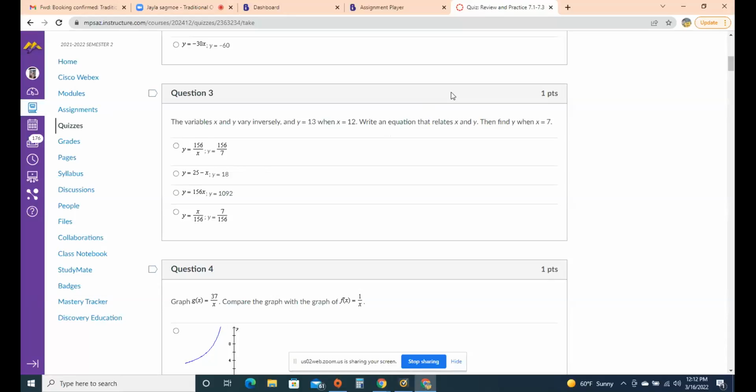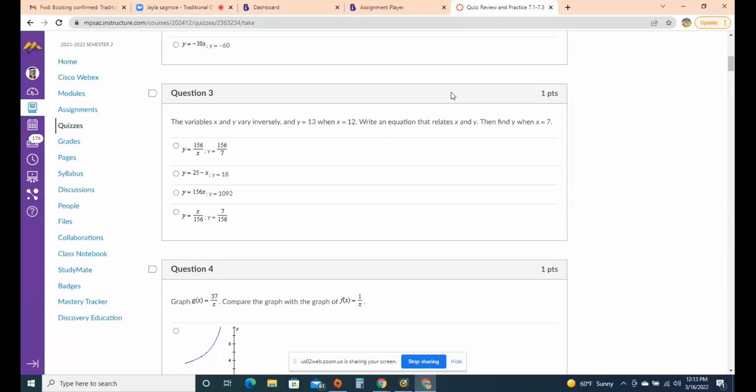All right, so look at the answers there. Do you see the first equation there? y equals 156 over x, y equals 25 minus x, y equals 156x, y equals x over 156x. If you look back at both of the previous problems, the variable was always on the bottom because it was k over x.